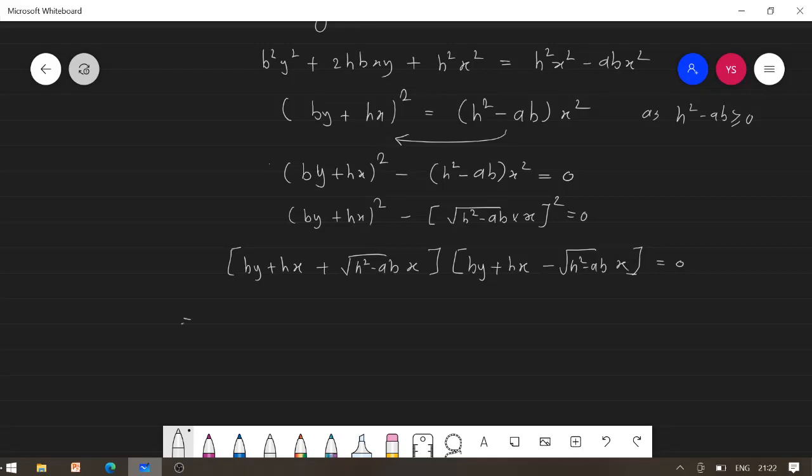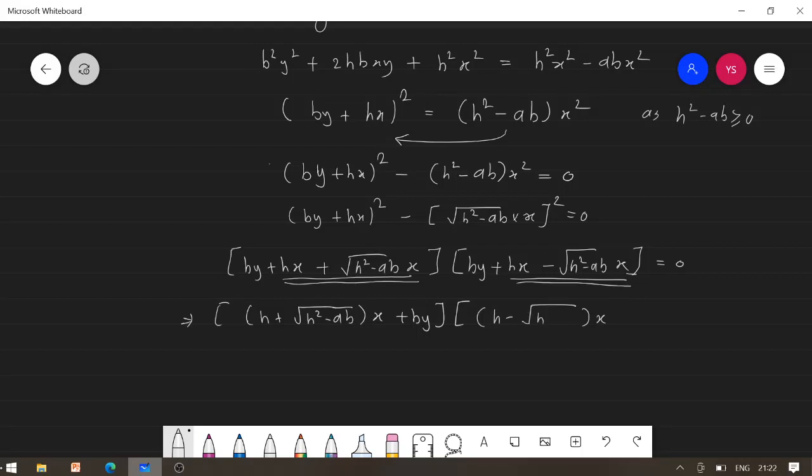That implies, after taking x common from the second two terms within the first bracket, we get h plus root of h square minus of ab times x plus by, whole into the same thing over the second bracket. After taking x common from the last two terms, we have h minus root of h square minus of ab times x plus by, that is equal to 0.